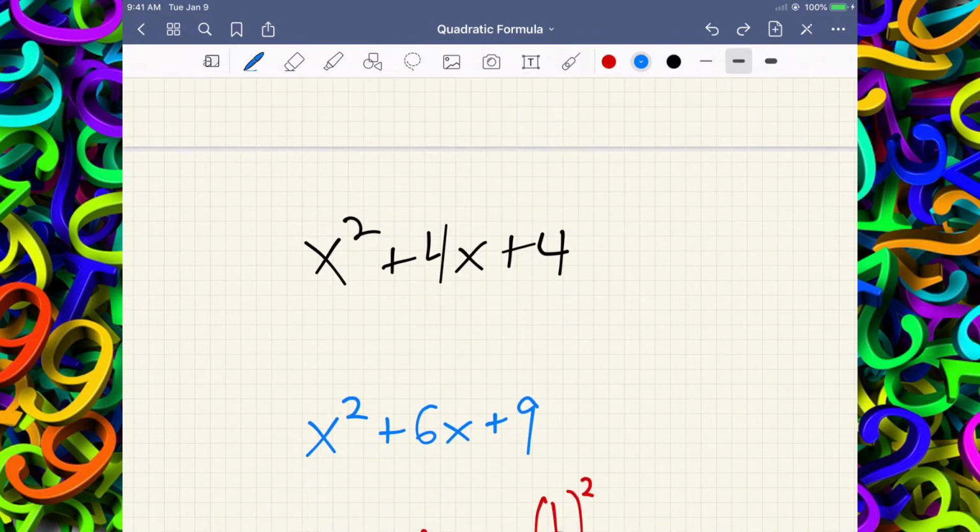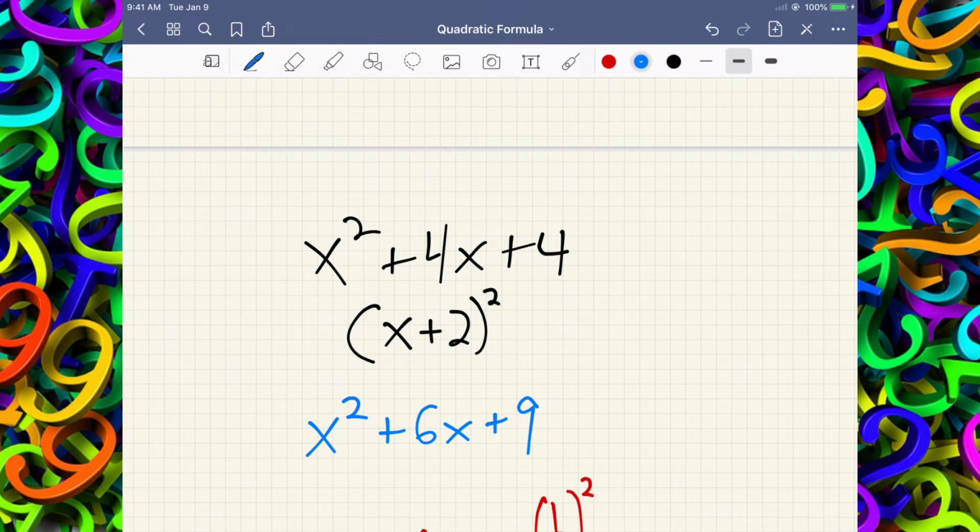So here are some expressions that we factored in the past. And they're a special type of quadratic expression that are known as perfect square trinomials. And let's see why. When we factor this, we get x plus 2 squared, right?